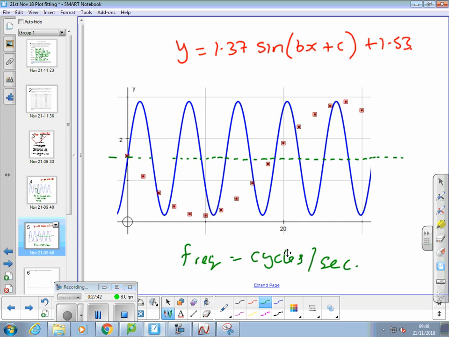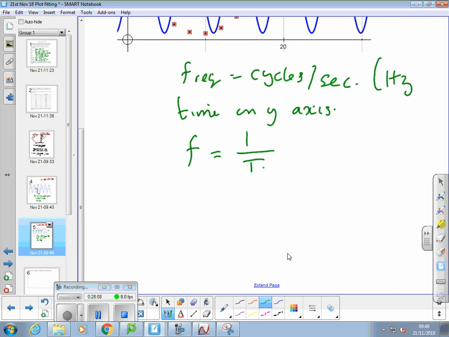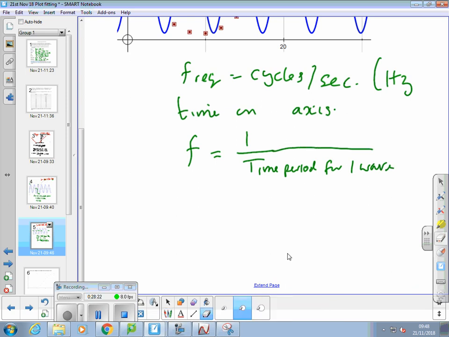But what we know is we know the time, because we've got it on the x-axis. Frequency is also equal to 1 over the time period for one waveform.